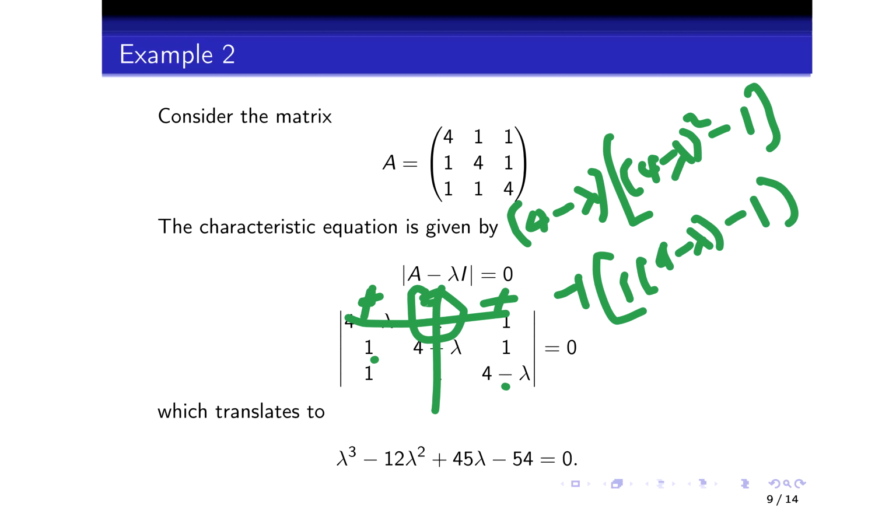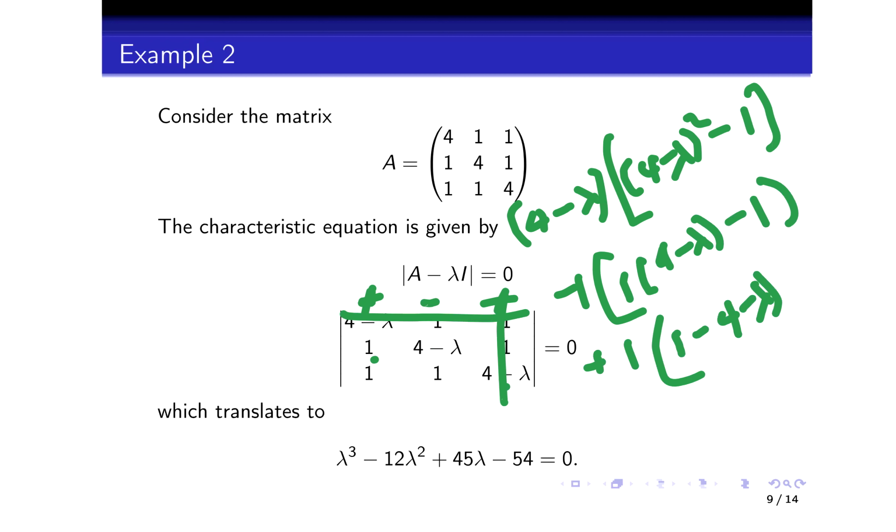And you have plus 1 into cross this column, cross this row. So you have 1 times 1, 1, minus 1 times 4 minus lambda. So you have 4 minus lambda. And all this is equal to 0.